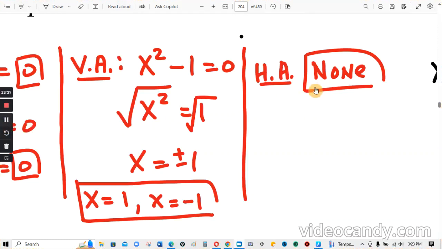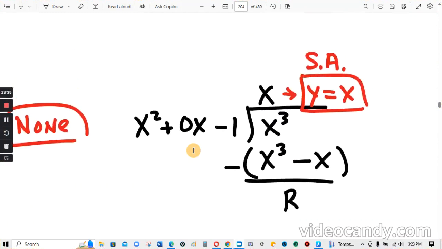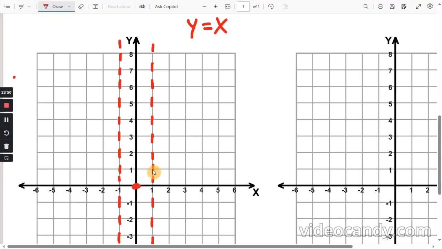Horizontal, there's none. And the slant is at y equals x. That's simple. Whatever x equals, y equals. So at 0, 0, and then 1, 1, 2, 2, 3, 3, 4, 4, and so on.